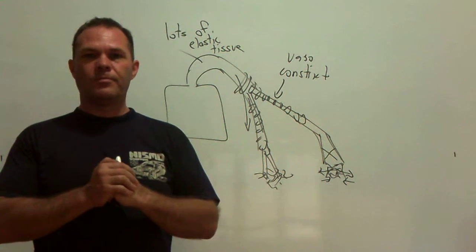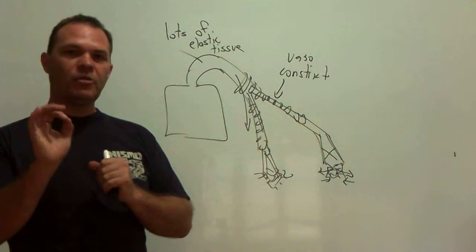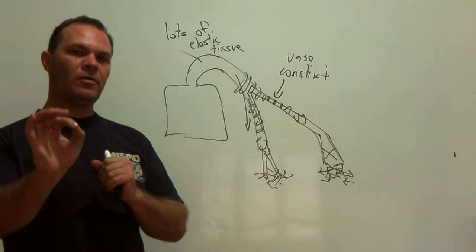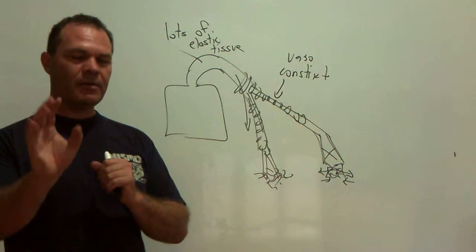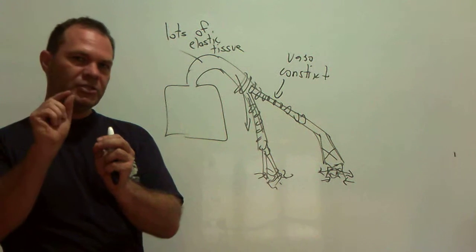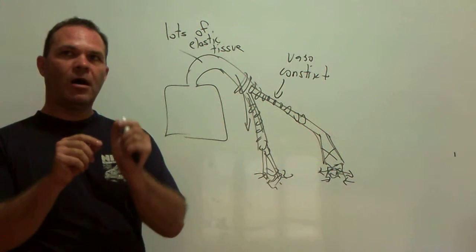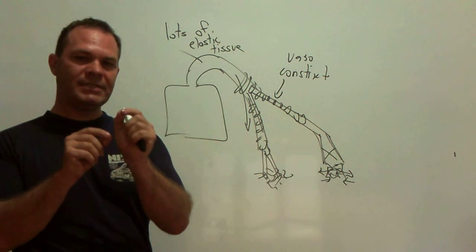What I can do, I've just realized, is in the little blood vessels just before the capillaries, I can be very, very precise, and I can constrict those. And in effect, I can use them as little taps.